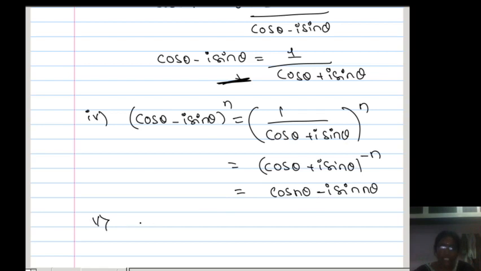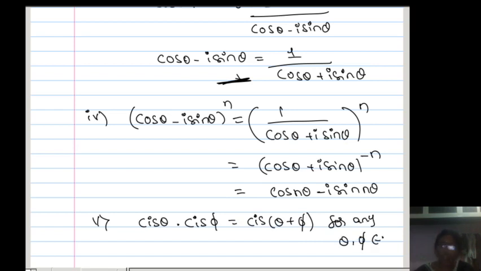Last property: cis theta into cis phi is equal to cis of theta plus phi. Very important, very useful for the problems. For any theta, phi belonging to R, you can take any two angles.